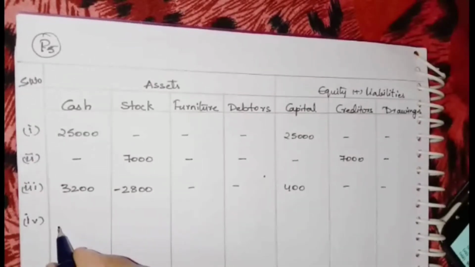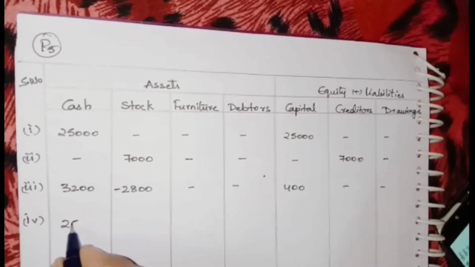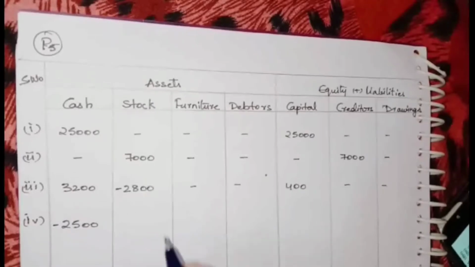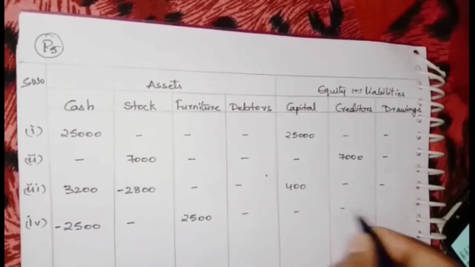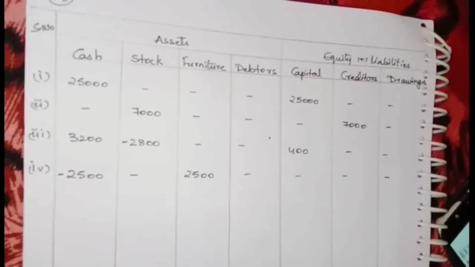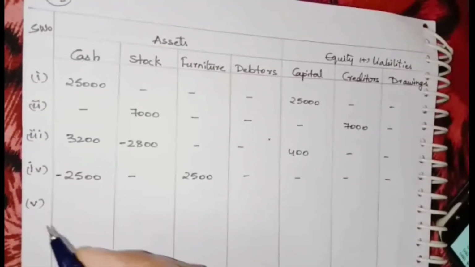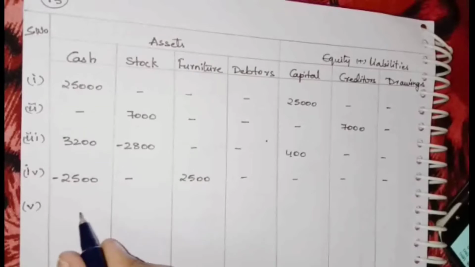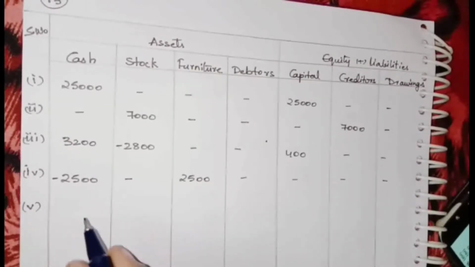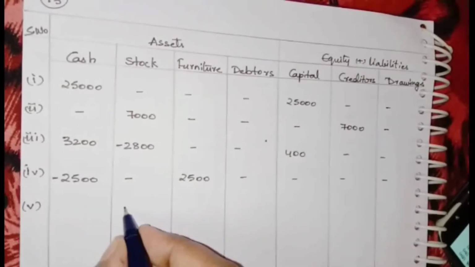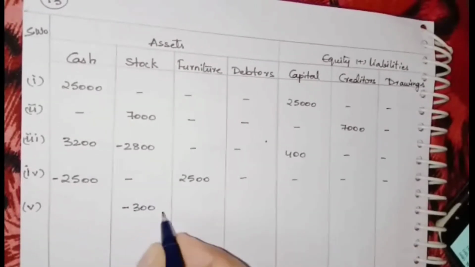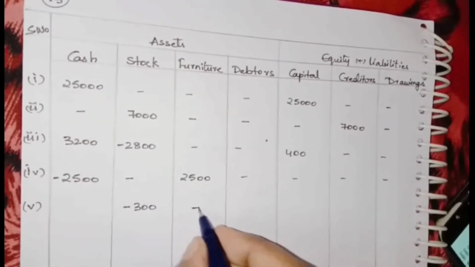Fourth, purchased furniture for cash, that is 2,500. We paid cash 2,500 and furniture is coming in at 2,500. Total the columns. Fifth, sold goods to Rajesh on credit costing 300. It is a credit sale and there will be a debtor, so the debtor value amounts to 600.